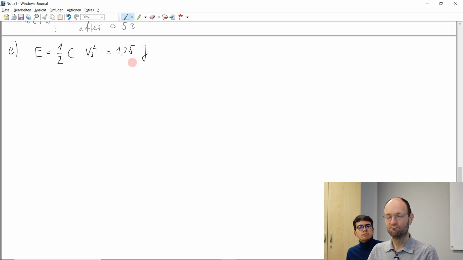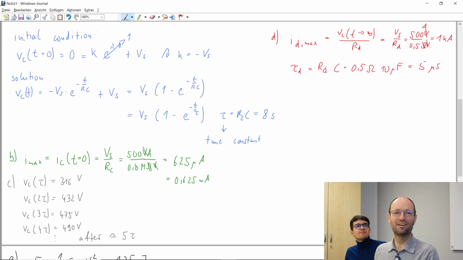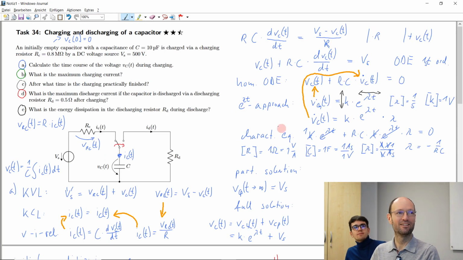Okay, would there be another way to calculate this? And if I ask like this, then for sure there is. So if we would really now calculate the energy that happens here at this resistor. So how could we calculate the energy dissipation in this resistor?